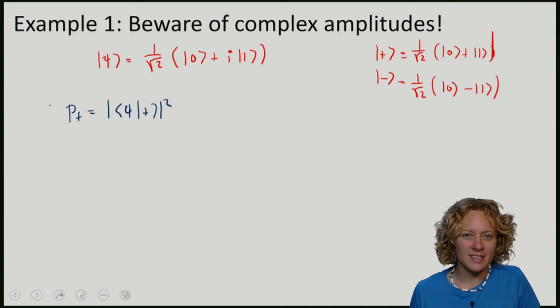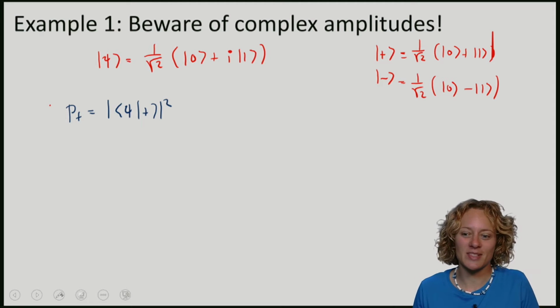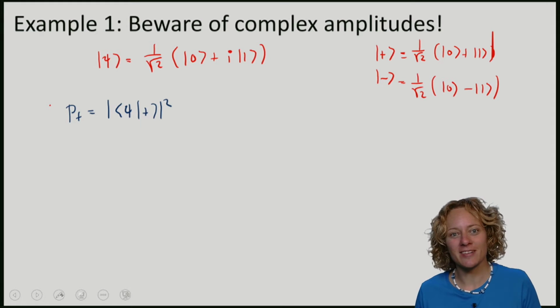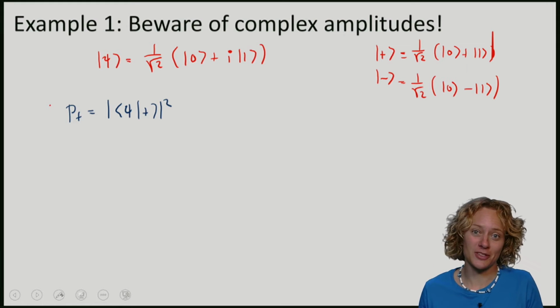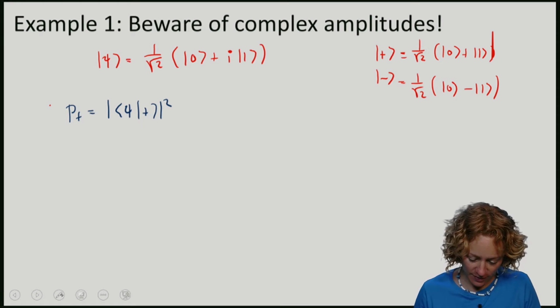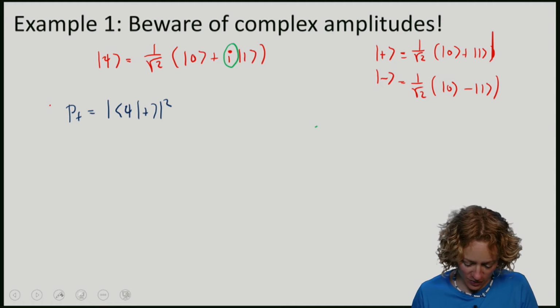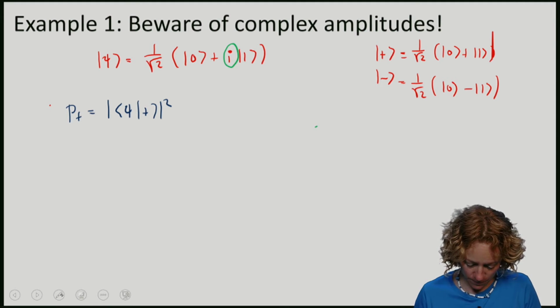So let me perform this calculation, and you might be tempted to think that plus and psi look almost the same. However, in our example, there's one small piece of caution here. Namely, we have this complex i. So let's compute what we get.